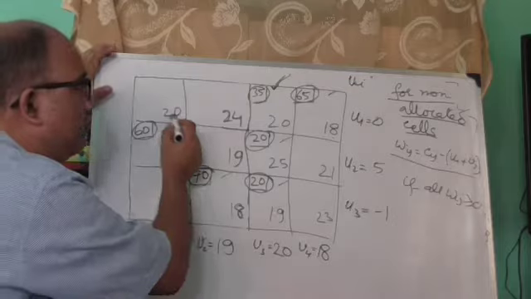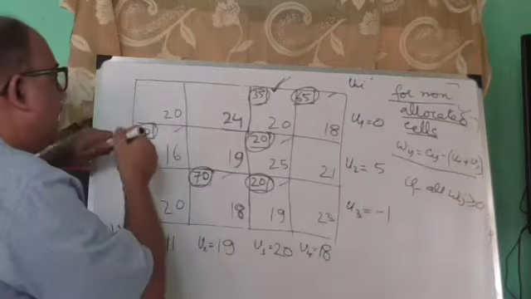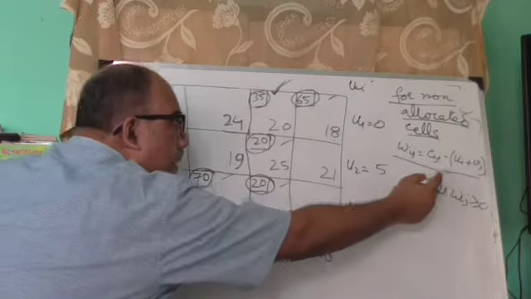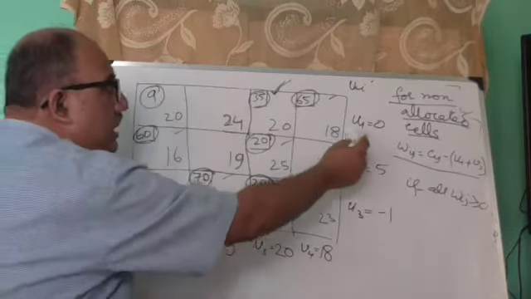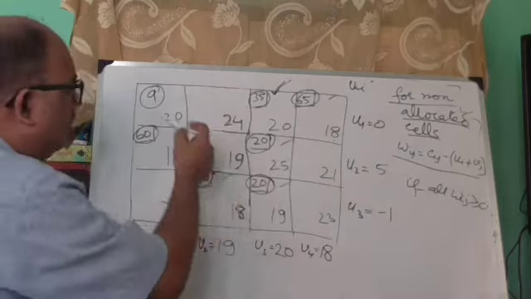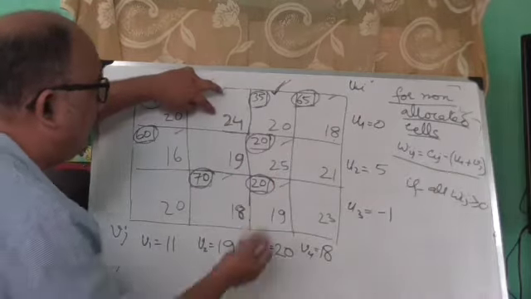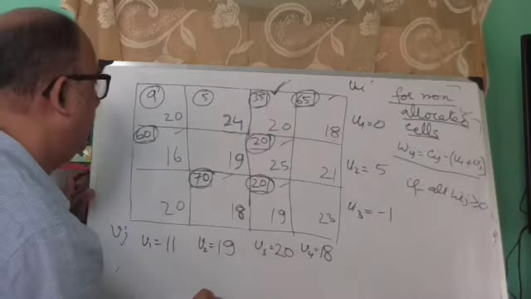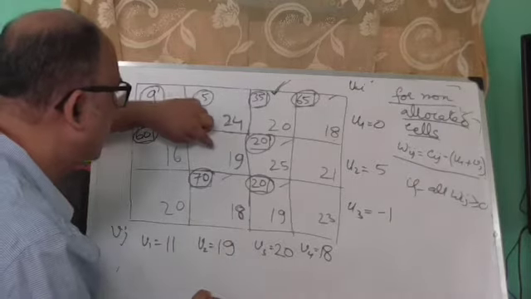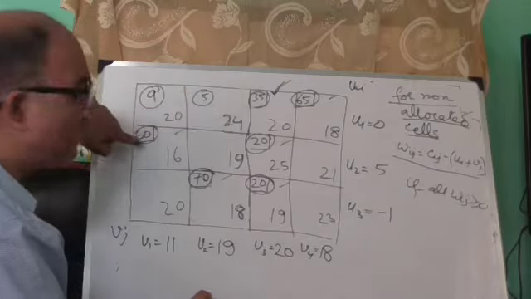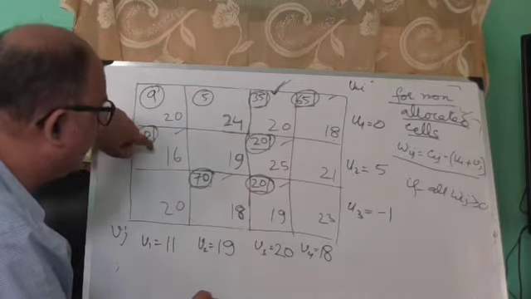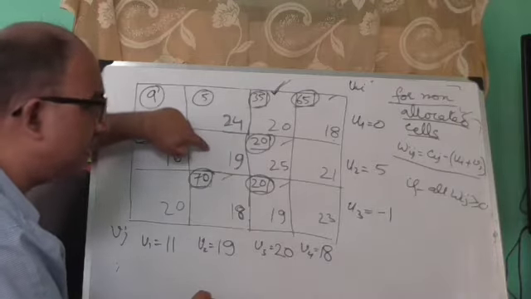So this is 20 minus 0 plus 11. That gives you 9. So I'm using this formula. Cij is 20, Ui and Vj are there. So in this case 24 minus 19 also gives you 5. That's a positive value. See, this is an allocated cell, so I will not calculate the Wij in this case, but this is a non-allocated cell, I will calculate.